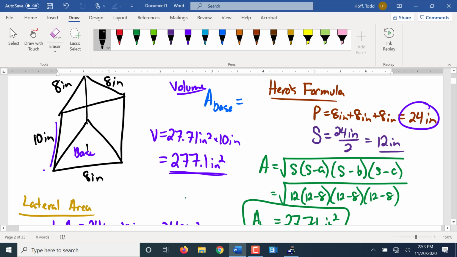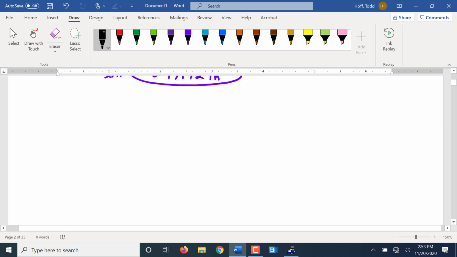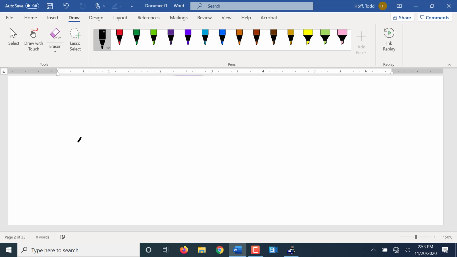Now, the reason I did that example is so I could do this one. A pyramid on that equilateral triangle. So this is still 8, 8, and 8.